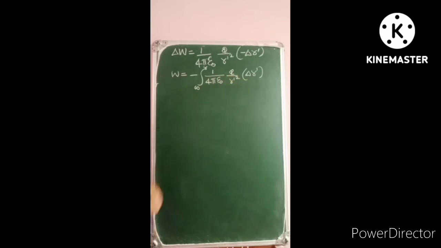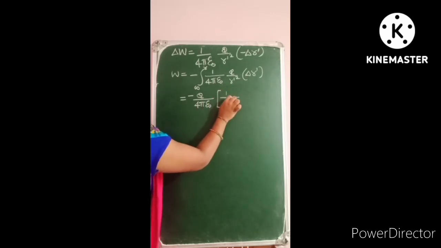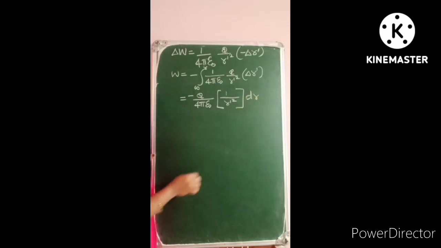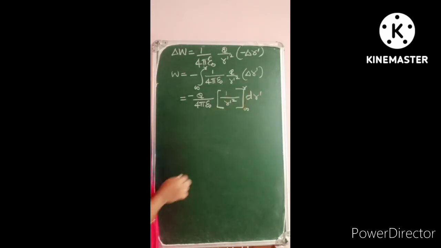If you integrate this equation, take this 1 by 4 pi epsilon naught and Q as constants. You will get minus Q divided by 4 pi epsilon naught into 1 divided by R dash square into dR dash, between the limits infinity and R.